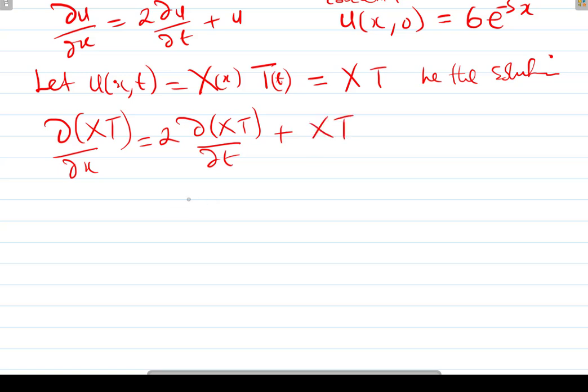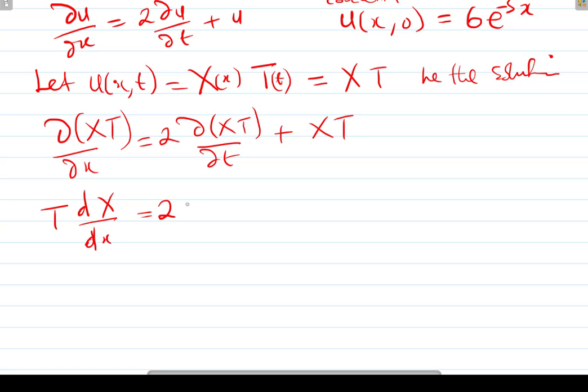Okay, so now once we do this, first of all, we just do normal differentiation. T here, because we are differentiating with respect to x, so t is treated as constant. But now you can see that X is just depending on x alone, there's no t, so this just becomes a normal derivative of X, dX/dx like this equals 2.